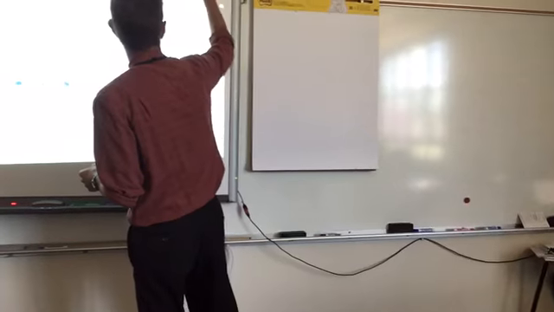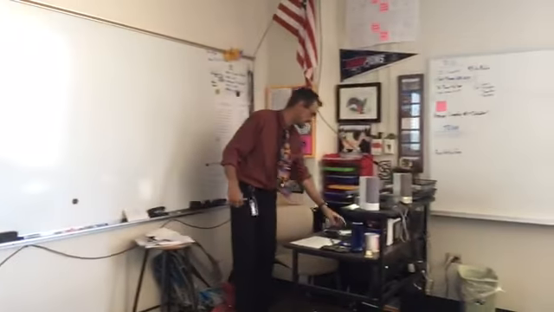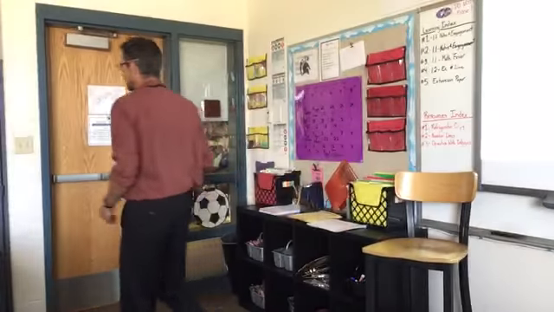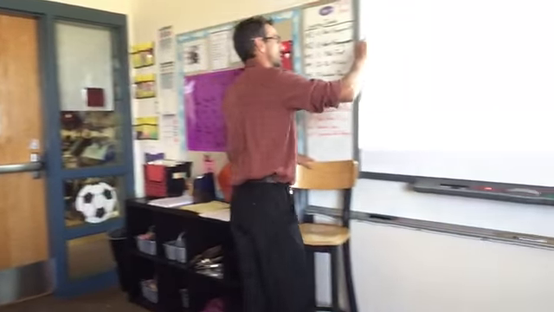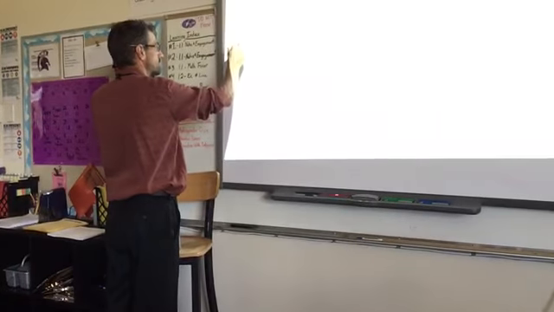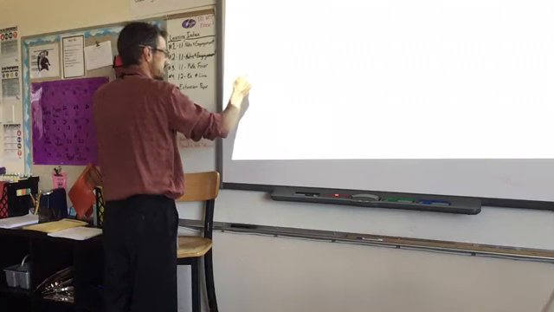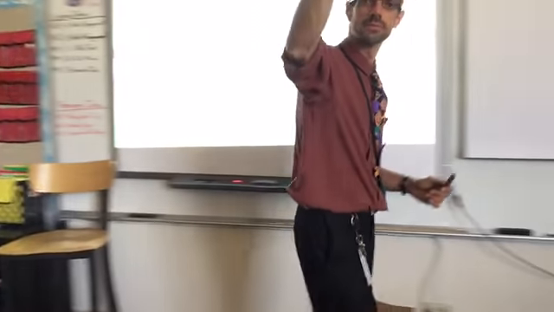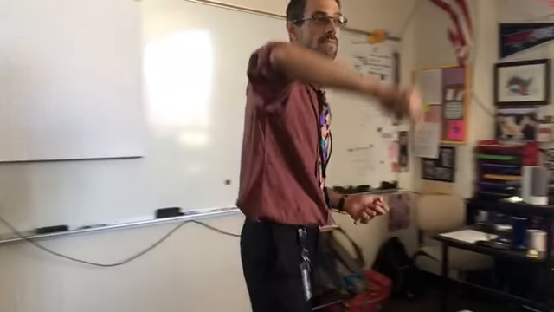Okay, turn your paper over to the next page. Today we're going to get into this. Now I didn't do a great job explaining this last class, so I'm hoping I do a better job now. So when you're given an equation like this, and it has x in it, what does that x mean? Yeah. It's a variable. What does it mean to be a variable?